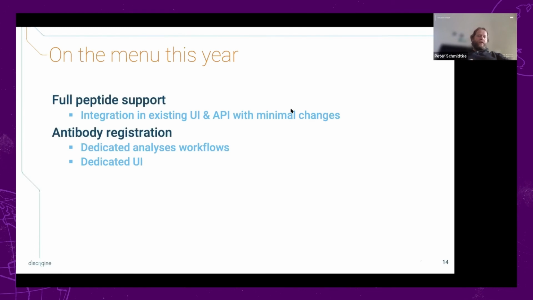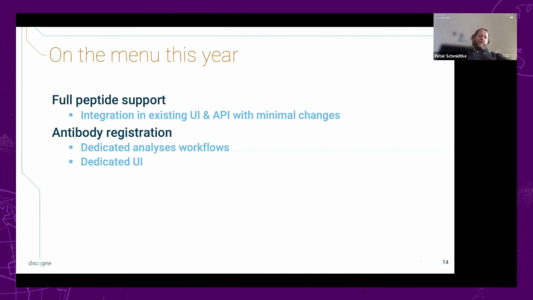The second work track is linked to antibody registration. As I said, we've done a POC before on our premises, but we would like to push that further using the toolkits from Chemexus.